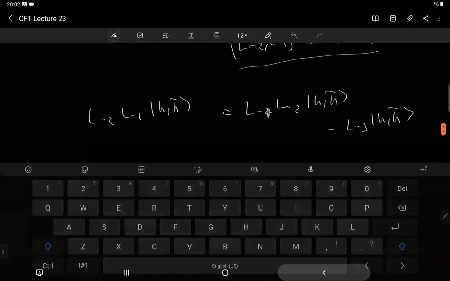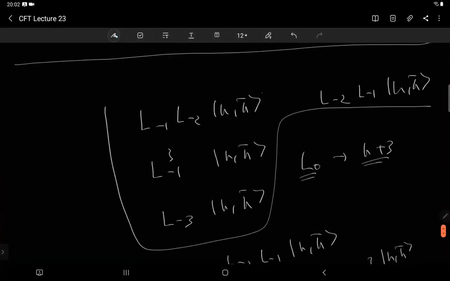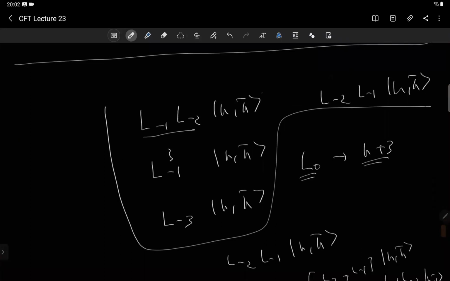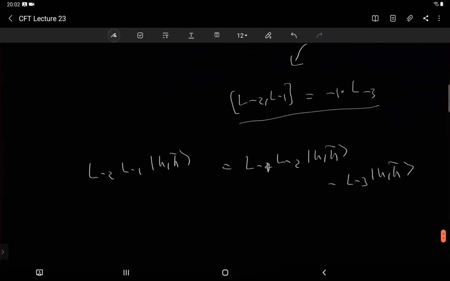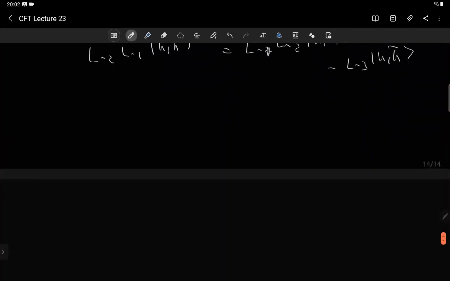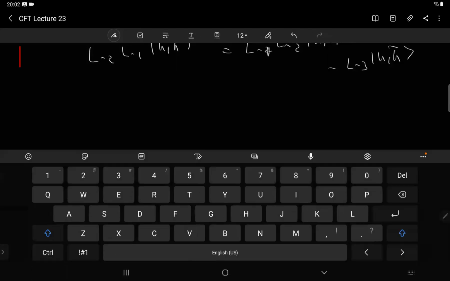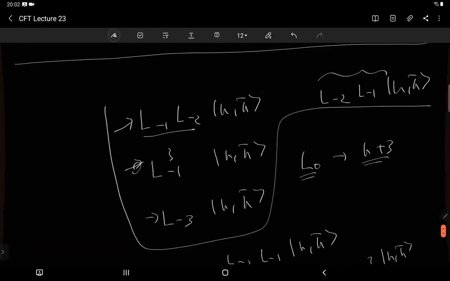All right. So that means this one can be written as a linear combination of this one and this one. So all of these four are not linearly independent.